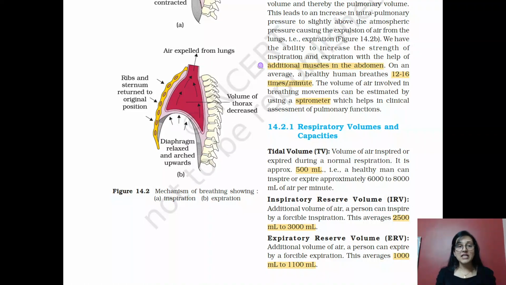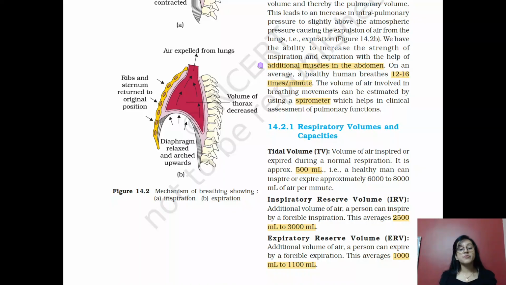That also has an upper limit. Like you cannot inspire forcefully continuously. So that upper limit is the inspiratory reserve volume. It is the additional volume of air which we can inspire by a forcible inspiration. And the average volume is 2500 ml to 3000 ml.